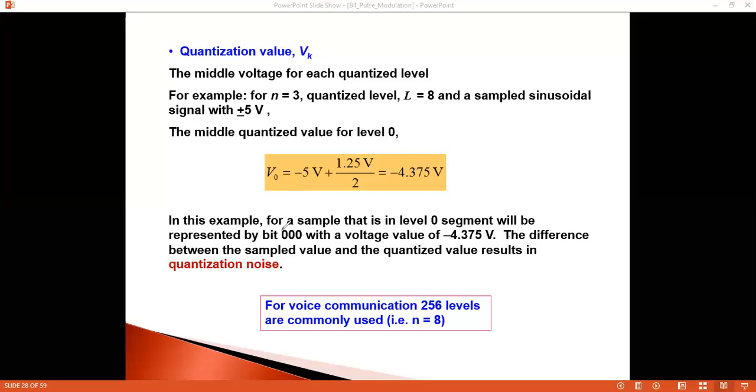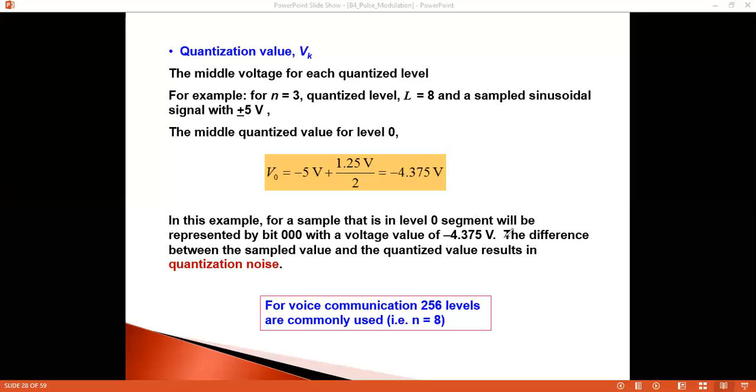It says here that a sample in this level 0 segment is represented by bits 000, and the quantized voltage for this level is minus 4.375.